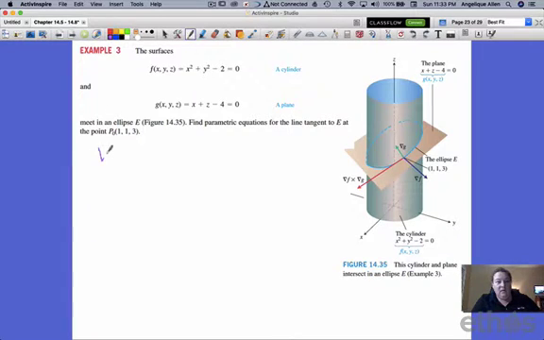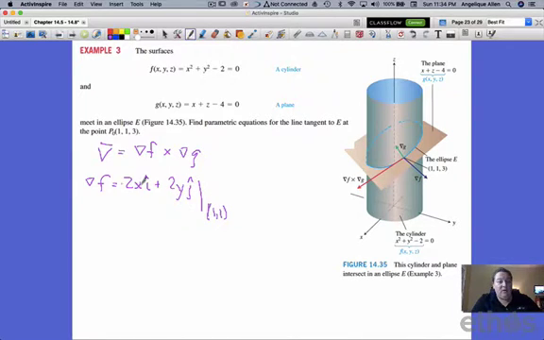So we're going to call the vector in this direction v. That's going to be grad f cross grad g. So we've got to find grad f and grad g first. Remember partial derivatives with respect to x, y, and z. So 2x i, and then 2y j, and there's no z in there, so we're done here, but we want to evaluate this at (1, 1).